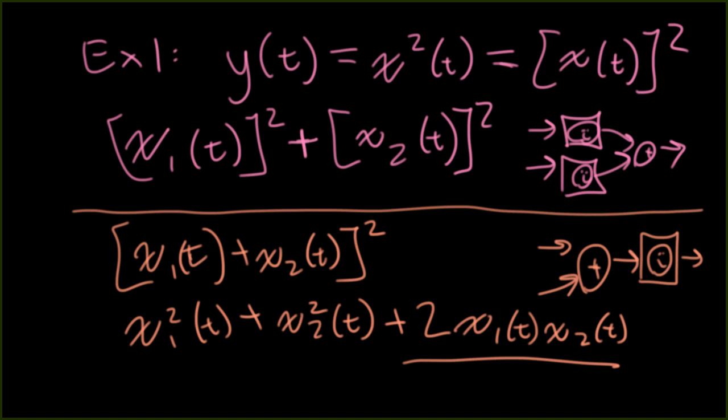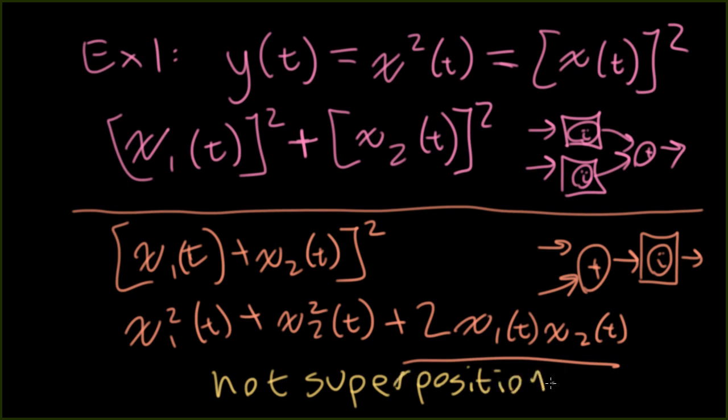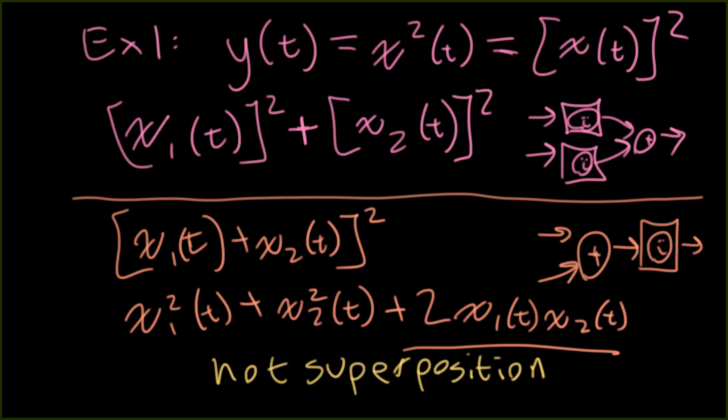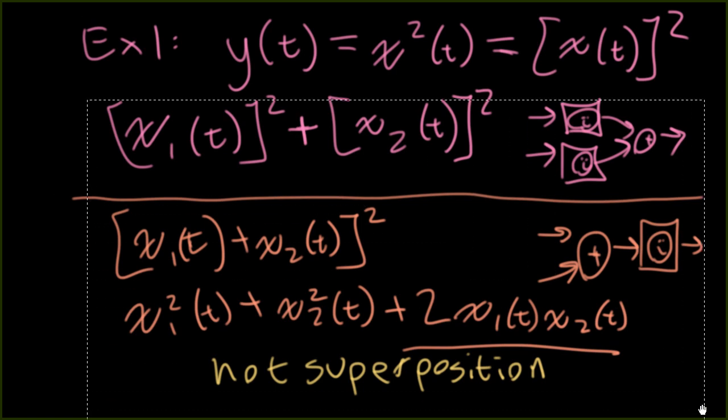So this fails the superposition check. This is not superposition-y. Not superpositioning, not superposition-ish. Anyway, it does not have the property of superposition, so it's not linear. While we're at it, just for fun, let's go ahead and check that scaling property.